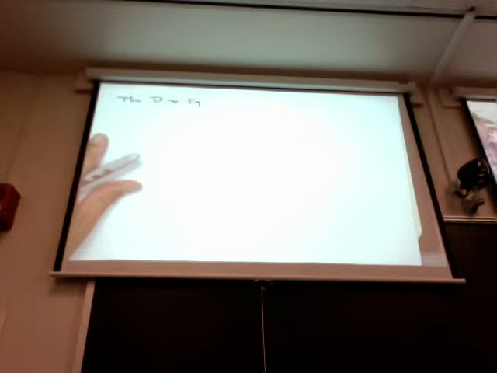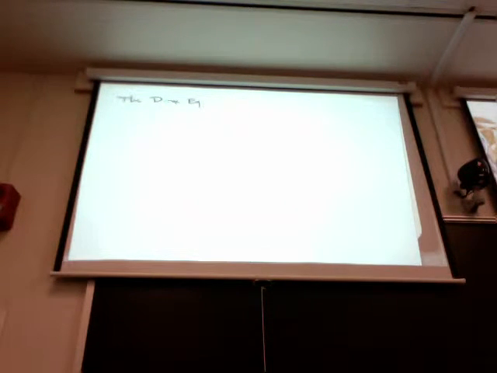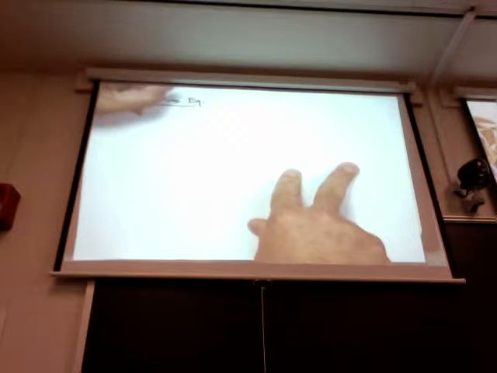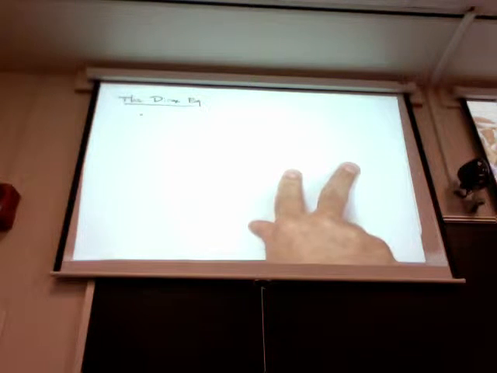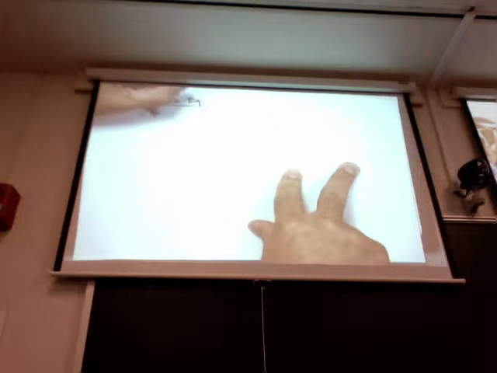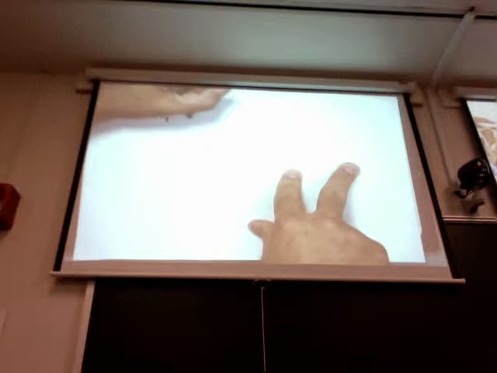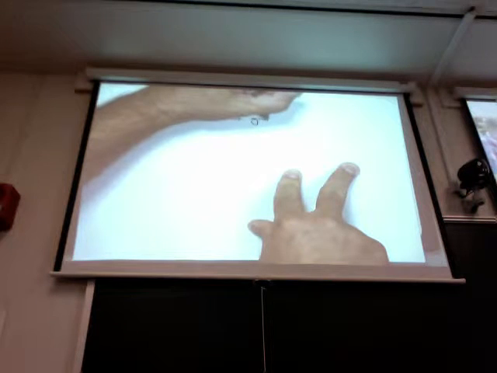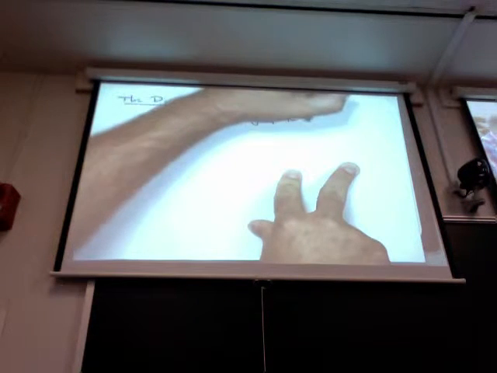Okay. All right. So we wanted to talk about the Dirac equation, right? And our main goals in this lecture were to find a representation of the Lorentz group for spin 1/2.